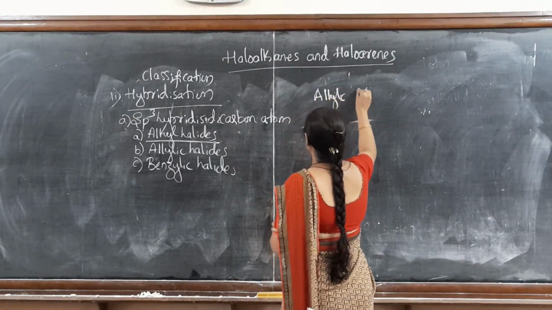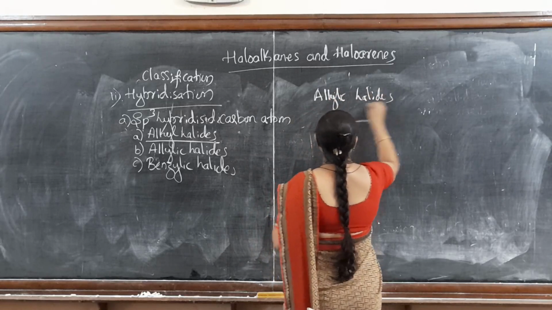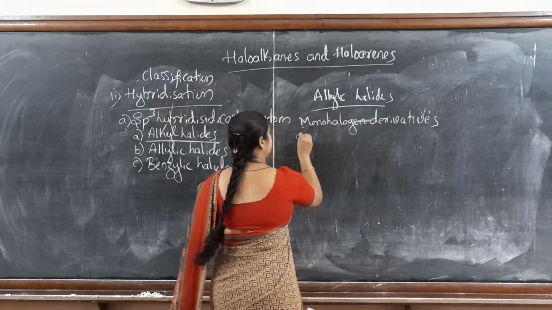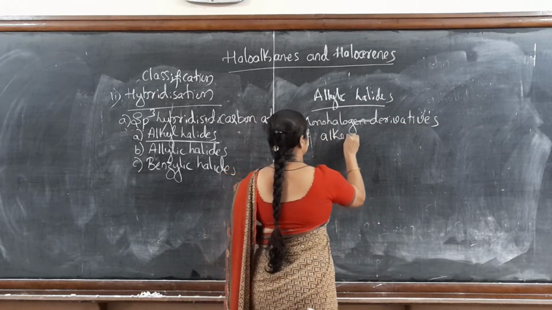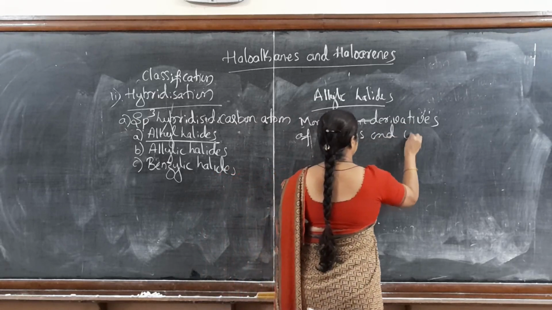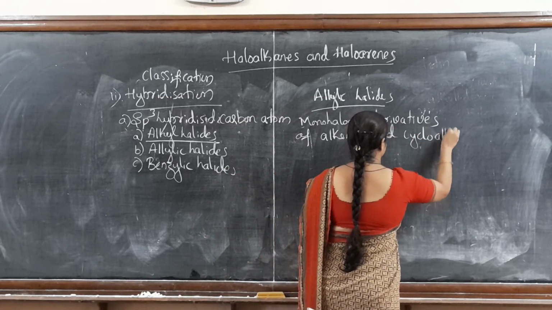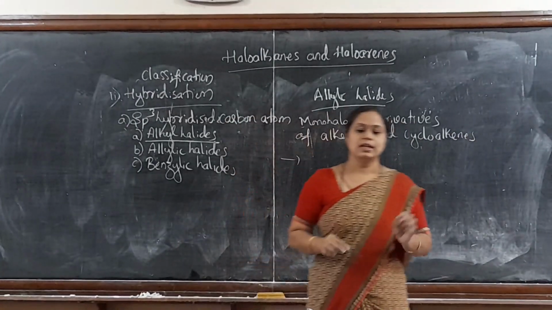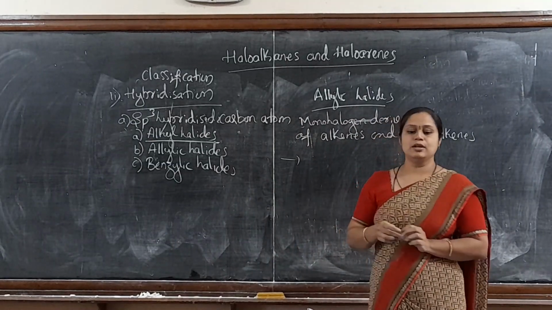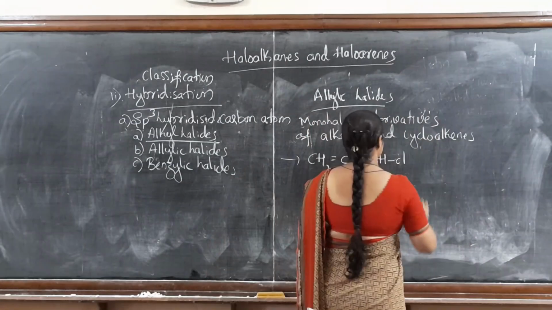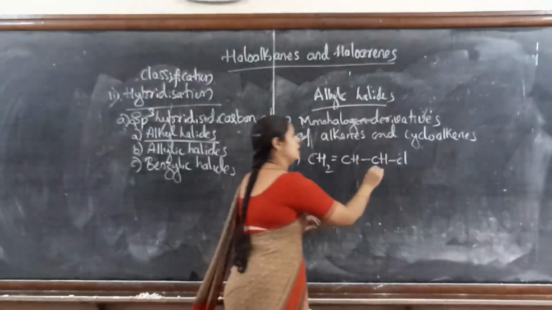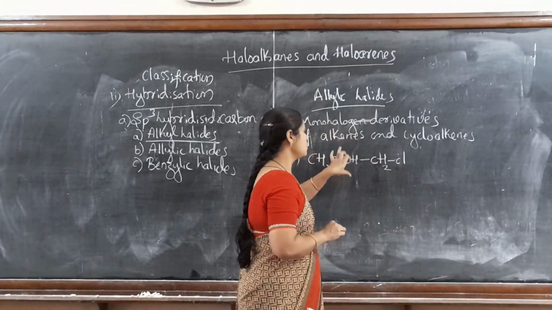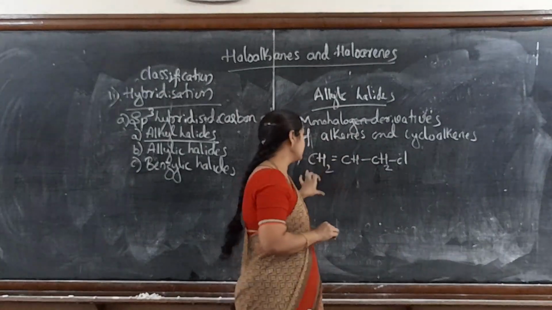Allylic halides are the monohalogen derivatives of alkenes and cycloalkenes. For example, I take 3-chloropropene. The chlorine is attached to the saturated carbon, which is attached to the carbon containing the double bond.